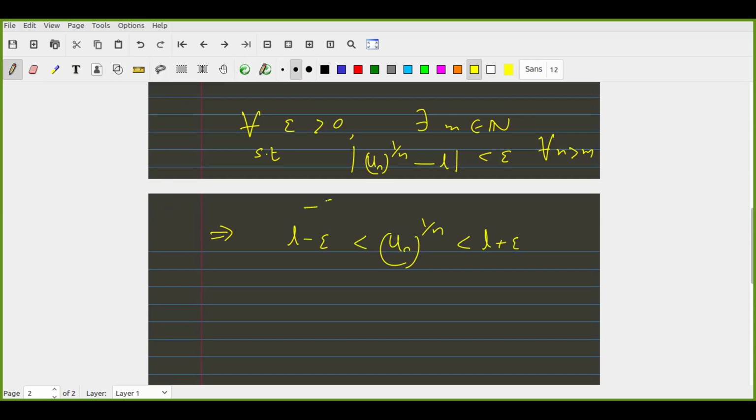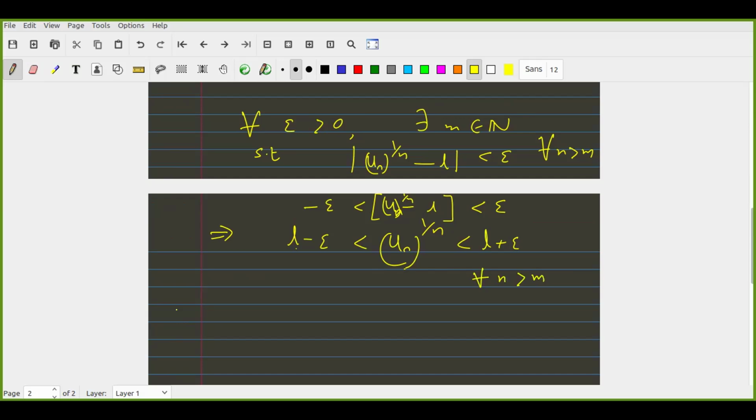You could first write it with minus epsilon less than un power 1 by n minus L less than plus epsilon, and I add L to both sides. Adding L to each term, you are left with un power 1 by n in the middle, L minus epsilon on the left, L plus epsilon on the right. Of course, for all n greater than m. Yeah, this is what we know.